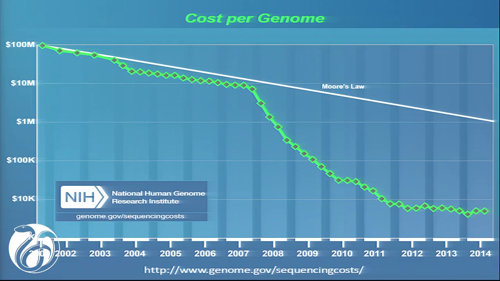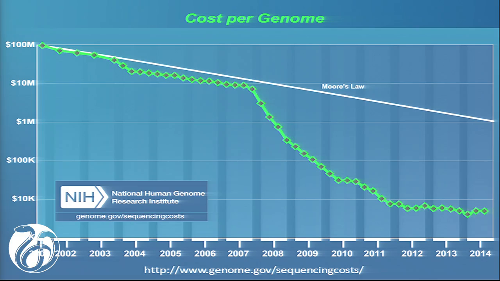Now, many of these discoveries of acquired resistance and primary resistance have been made because the cost of the genome has gone down. And as Bruce mentioned, some of these large-scale genomic testing efforts have facilitated our discovery of these co-occurring alterations in cancers, as opposed to just testing for the single biomarker that's going to drive your decision for therapy. We can now test for multiple types of alterations.